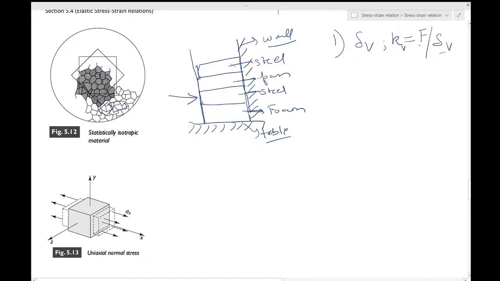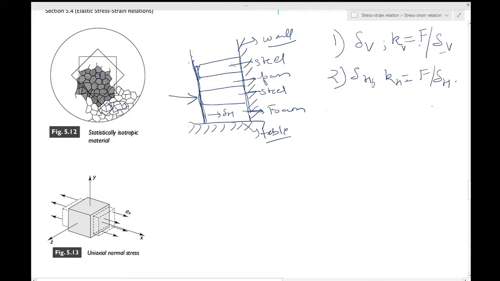In the second case, you have to apply it as a stress so that it's uniformly applied over this entire surface, maybe with a plate or something like that. This horizontal displacement you should note as delta H. The stiffness will be equal to F by delta H.